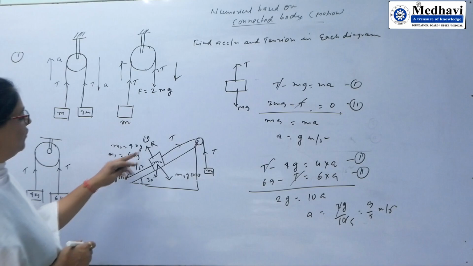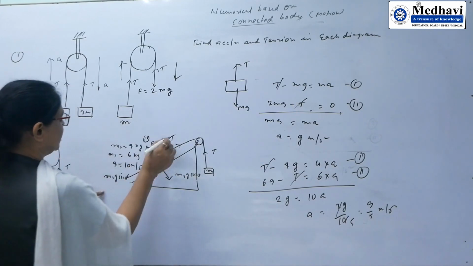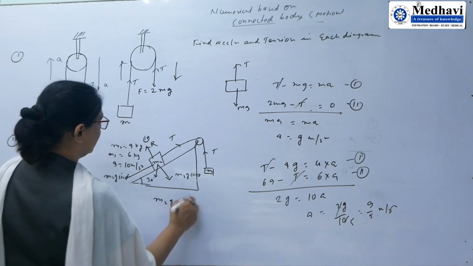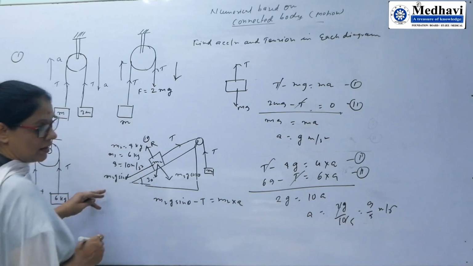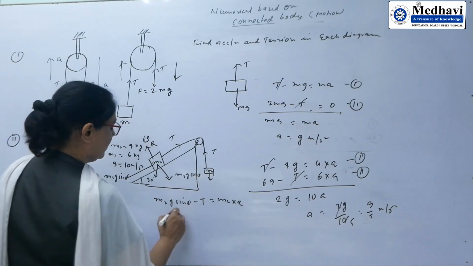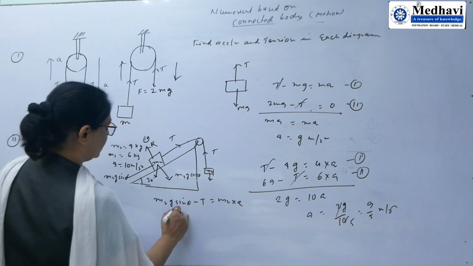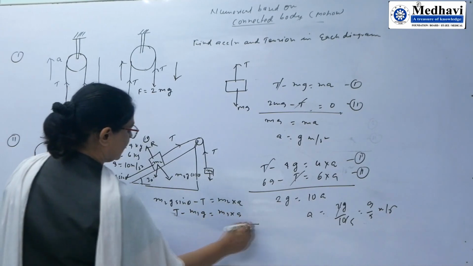So here for m2 we will assume that the body will go down the inclined plane. So we can write m2g sin theta minus T is equal to m2 into a, and for m1, T minus m1g is equal to m1 into a.